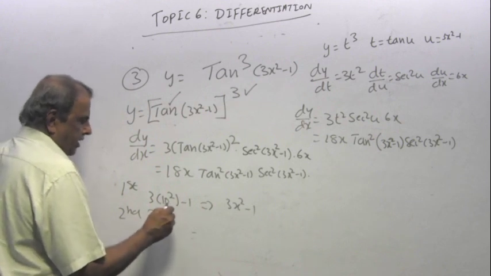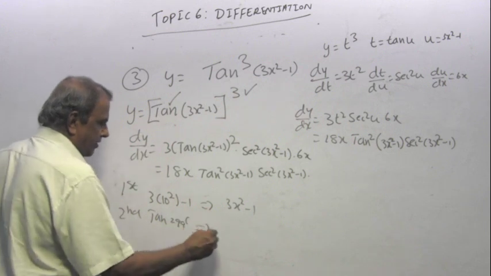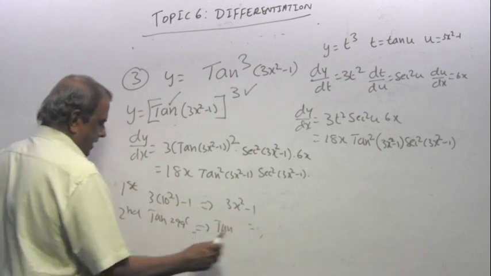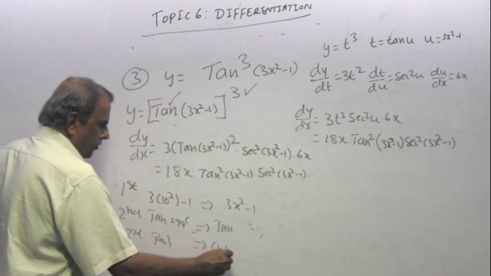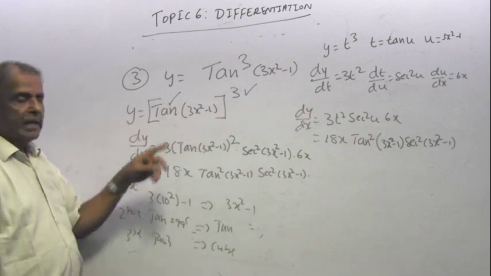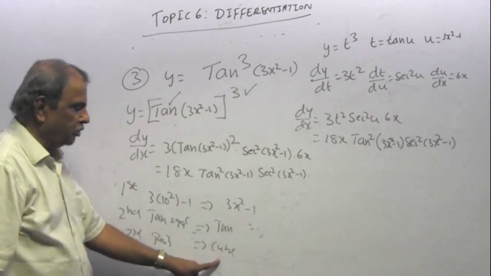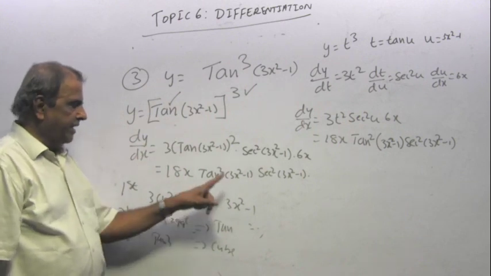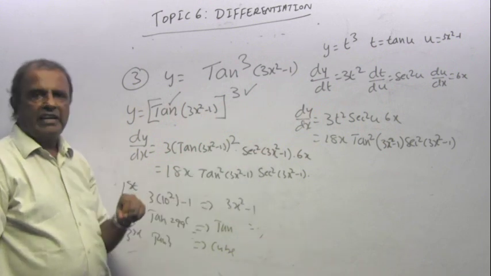Then, third, you find tan cubed. That is the process of using the calculator. Now you are reversing it, opening it up the other way around. First you do the cube, in which case tan and 3x squared minus 1 don't change. Next do the tan, in which case 3x squared minus 1 doesn't change. Then you do 3x squared minus 1 and get 6x.